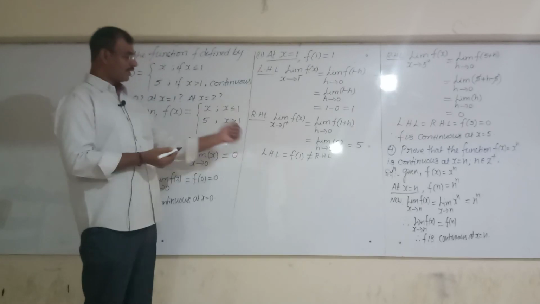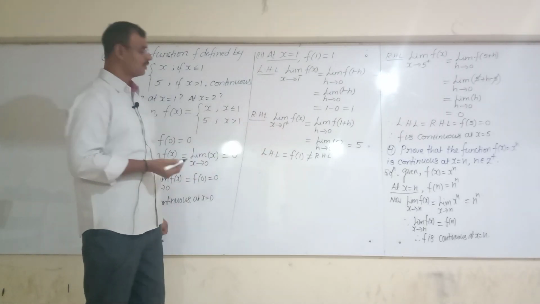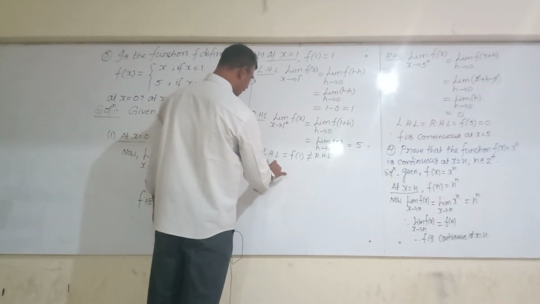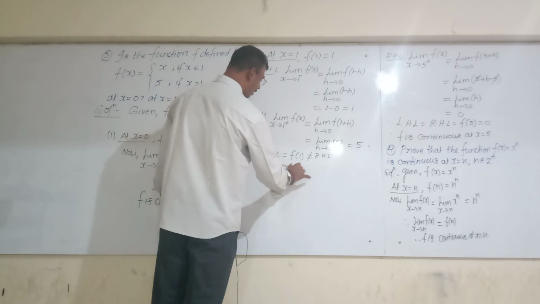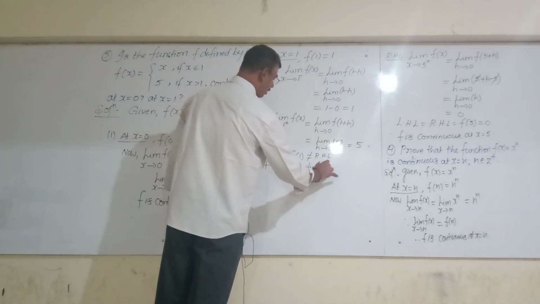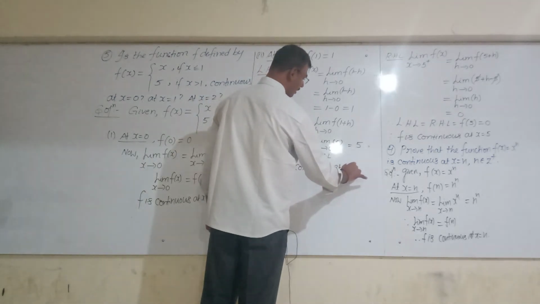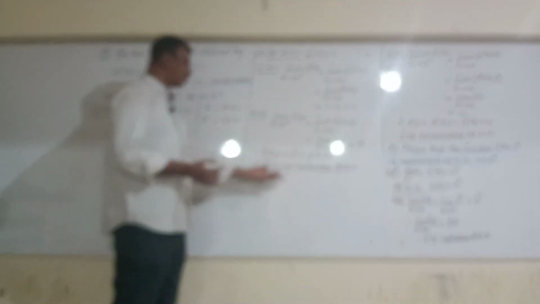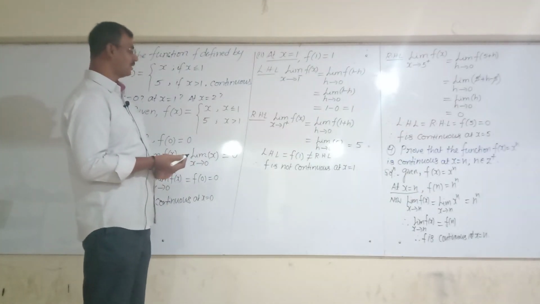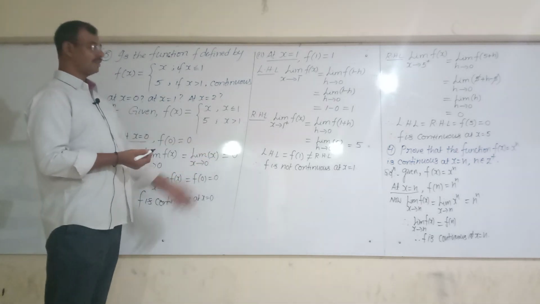So the left hand limit is not equal to the right hand limit. Is it continuous? No. Therefore, F is not continuous at x is equal to 1. Not continuous means discontinuous at x is equal to 1.